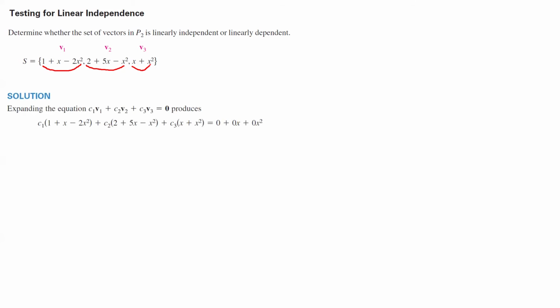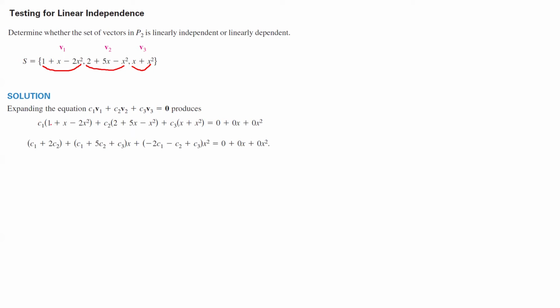Now, you need to form C1v1 plus C2v2 plus C3v3 and set it equal to the 0 vector. So C1 multiplied by 1 plus x minus 2x squared, plus C2 multiplied by 2 plus 5x minus x squared, plus C3 times x plus x squared. On the right-hand side, you have the 0 vector. The 0 vector in this vector space is 0 plus 0x plus 0x squared. So every little detail is important.